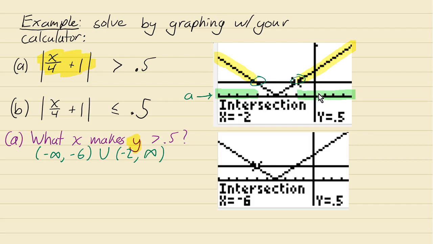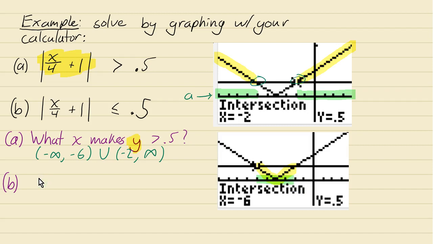For part B, we want to know what x makes y less than or equal to 0.5. So that's going to happen at the points on the absolute value graph where the y coordinate is less than 0.5, and that's right here. And that is happening between negative 6 and negative 2.